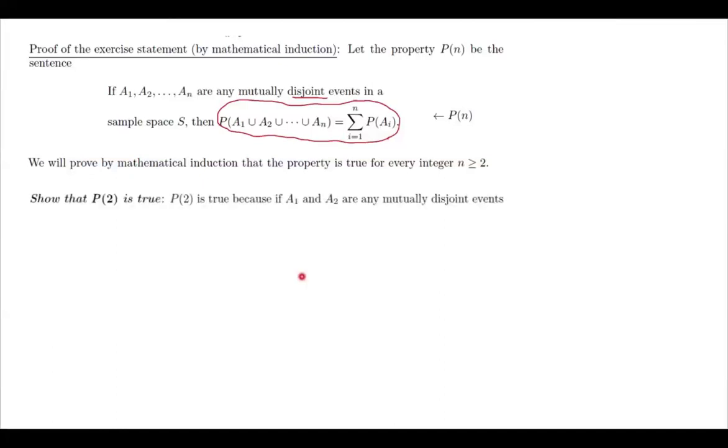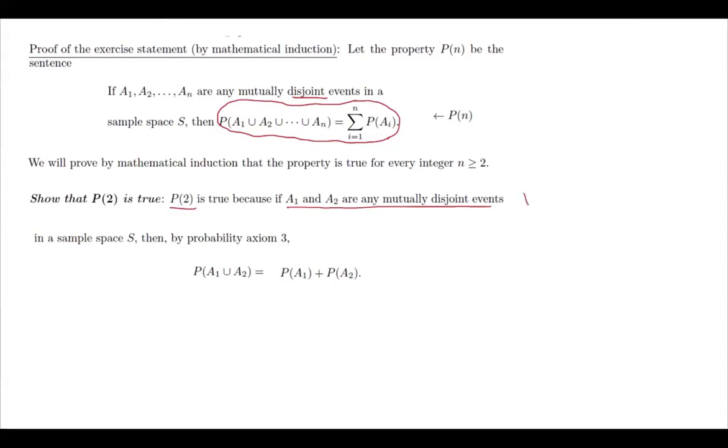First of all, note that P of 2 is true. If A1 and A2 are mutually disjoint events, we know that by the third axiom of probability, the probability of A union B is equal to the probability of A plus the probability of B. So if you call A as A1 and B as A2, the probability of A1 union A2 is the probability of each one added together.